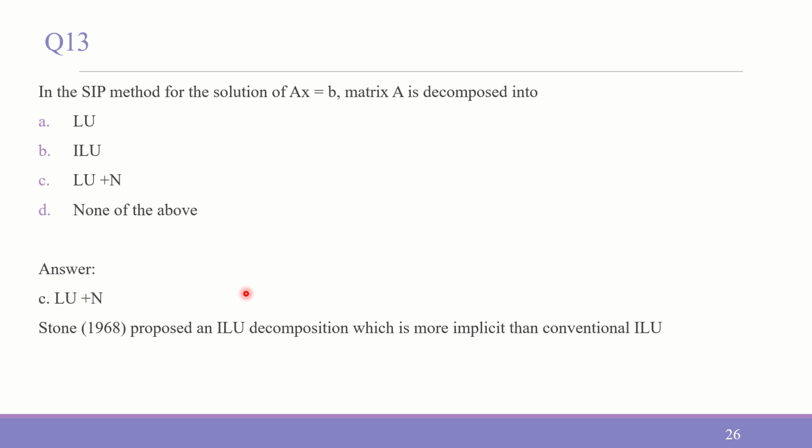So it is like LU plus N. So basically, Stone's implicit procedure for the solution of Ax is equal to b decomposes matrix A into LU plus N. So option C is the right answer. I hope it is clear.